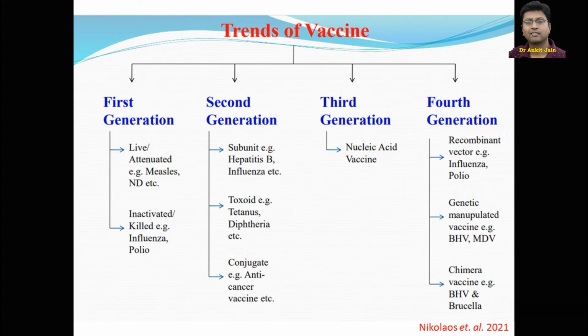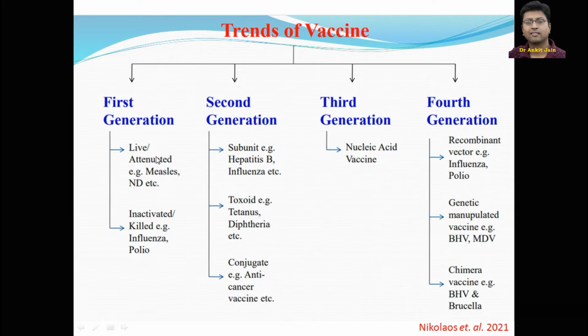Normally what we are using is the first generation vaccine, that is the live attenuated vaccine and the inactivated killed vaccine. So how are the live attenuated vaccine and inactivated vaccines prepared? First of all, I will highlight the main points.